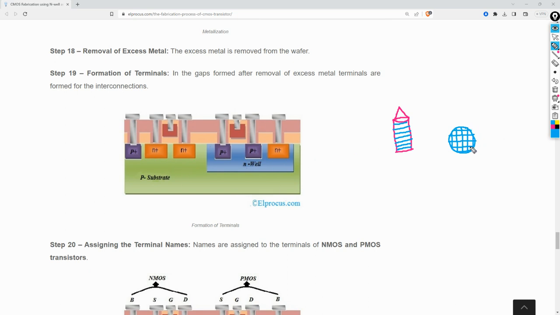Now coming back to our regular thing. On top of this wafer, that is nothing but your P substrate, they go and manufacture your NMOS directly on the P substrate. Remember, your NMOS is manufactured on the P substrate.